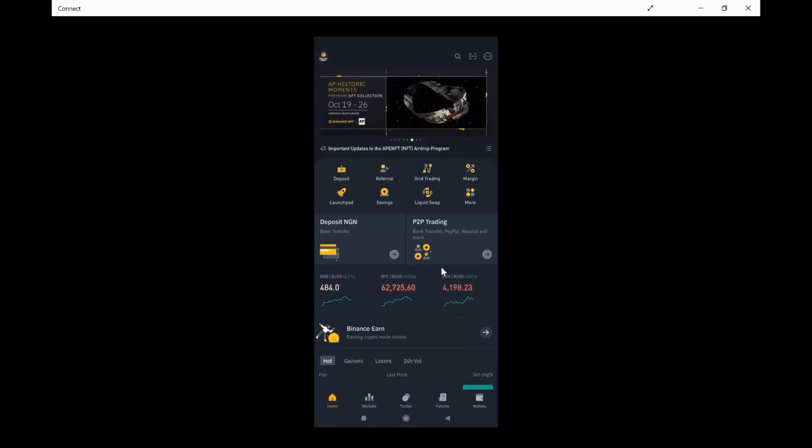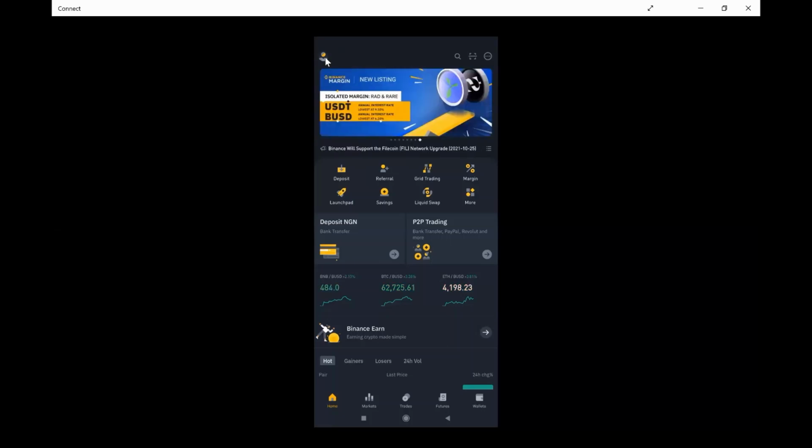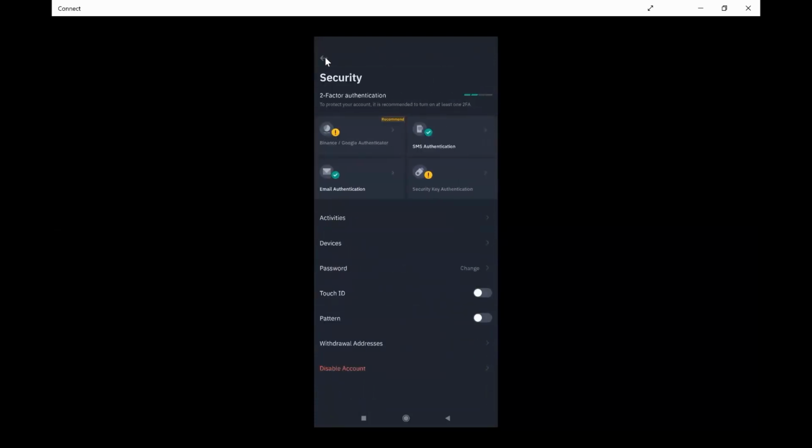So please, before you engage in P2P trading, make sure you come to security and make sure you have SMS authentication like I have here. Make sure you have it on green. Install the app, get your ID verification done, after which you do your two-factor authentication, which should be your email by default because you register with your email and get your activation link.